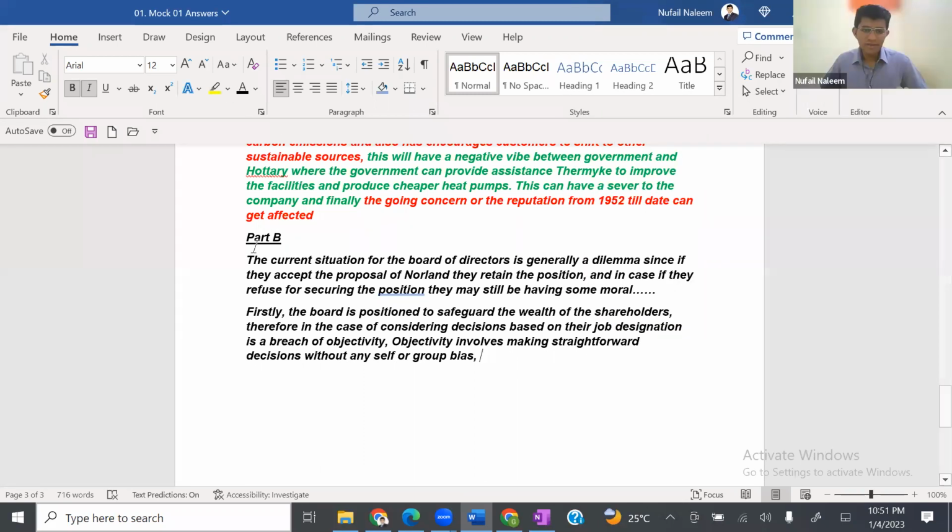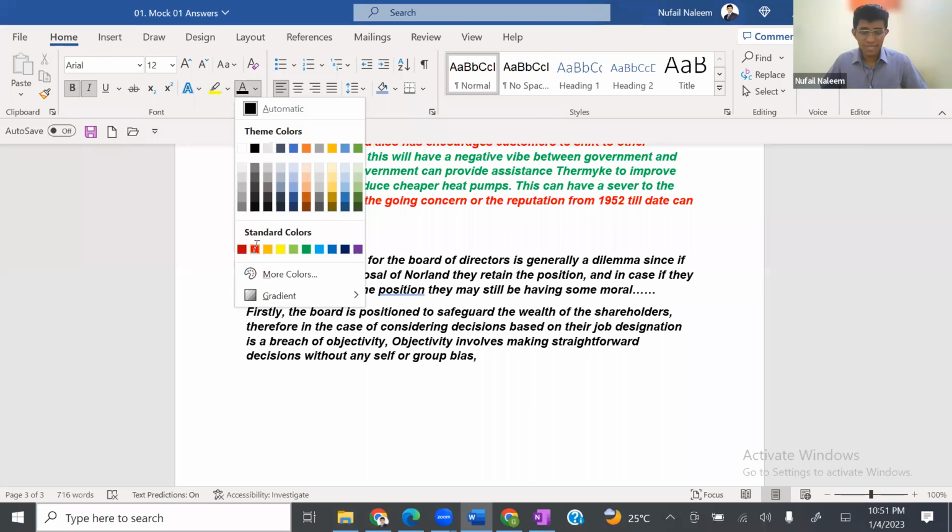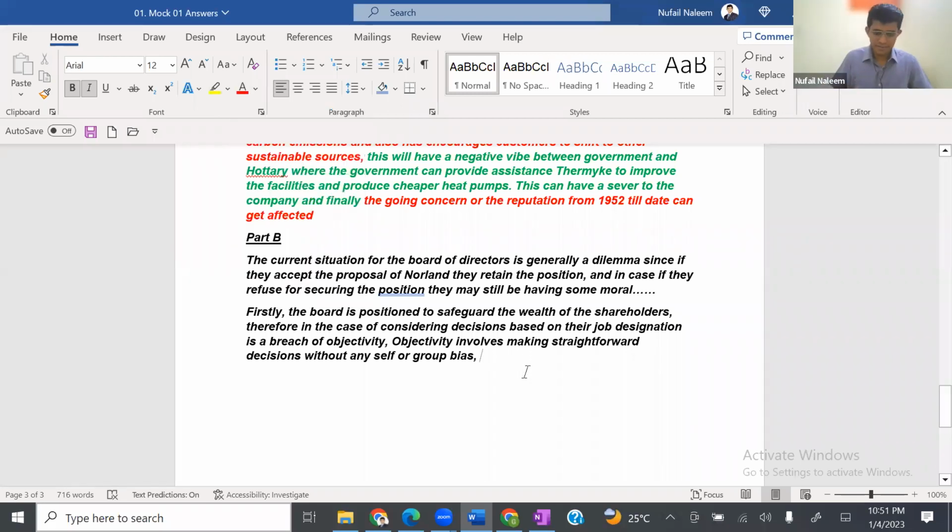Now I am going to complete that sentence with the application to our company. Hottayr, being a listed enterprise, the board possesses the duty of care on maximizing the wealth of the investors.